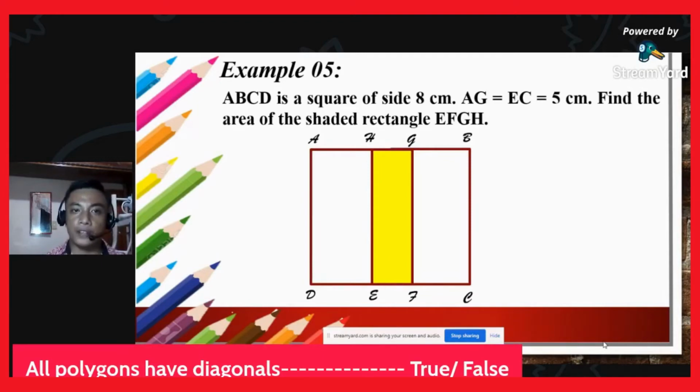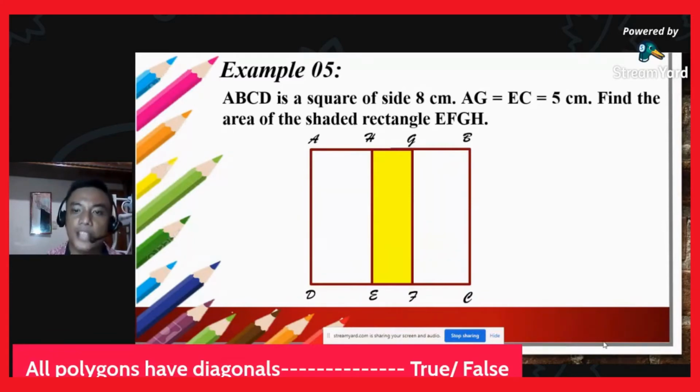So we have a square ABCD wherein segment AG is equal to segment EC, which measures 5 centimeters. So what is the area of the shaded rectangle EFGH? What are we going to do?